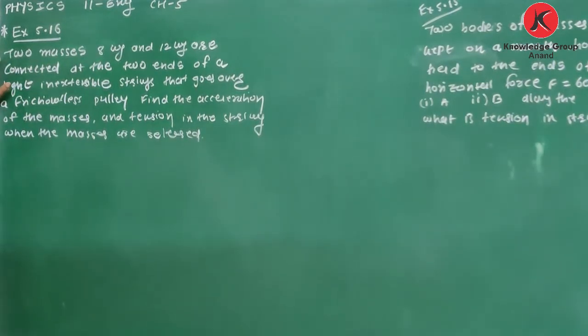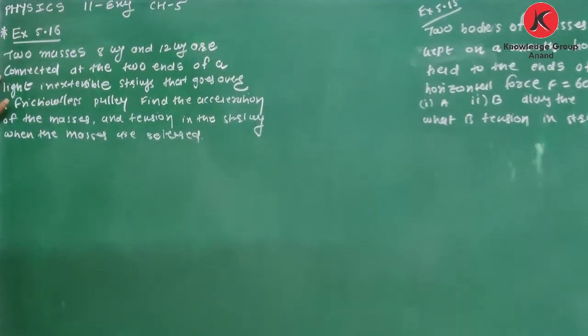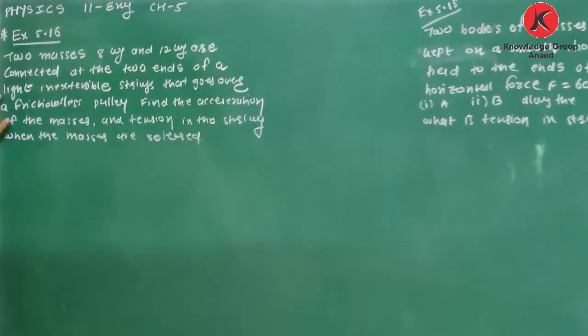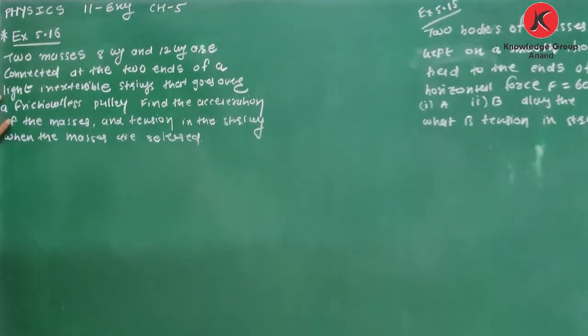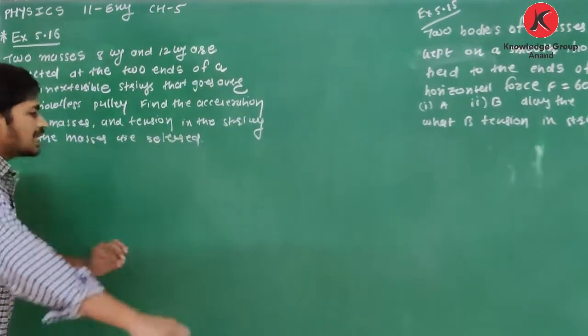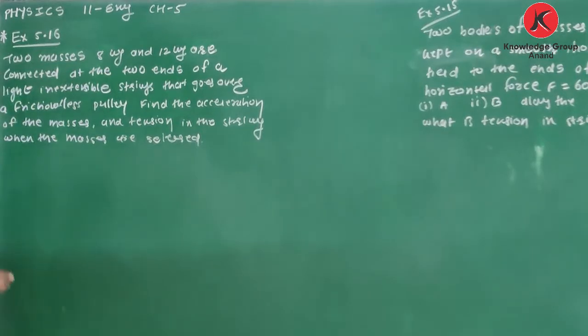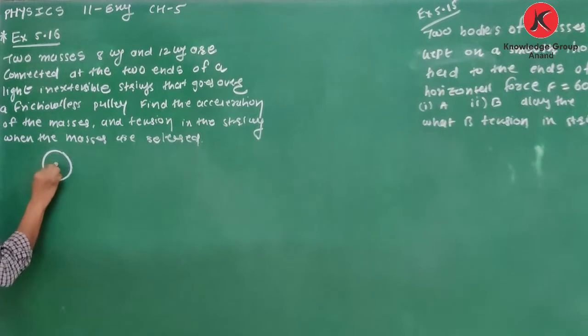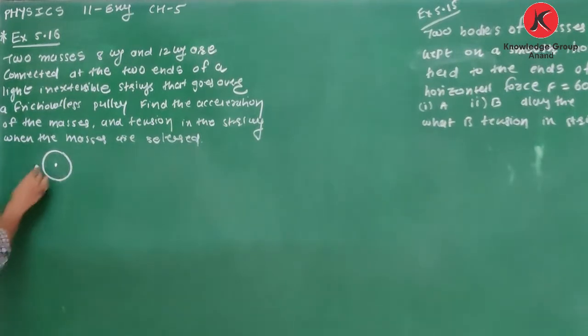Two masses 8 kg and 12 kg are connected at the two ends of a light inextensible string that goes over a frictionless pulley. Find the acceleration of the masses and tension in the string when the masses are released. See what is given. Here it is, one pulley.